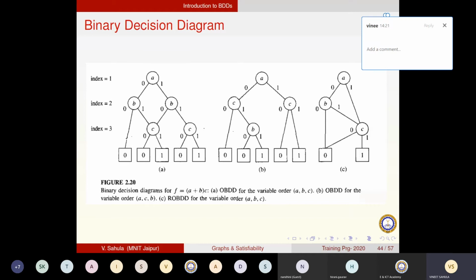That function is this, a plus b dot c. So you can draw this function here. The root vertex will contain the f. You can write f in this way. Now, when I draw, this will be like this.